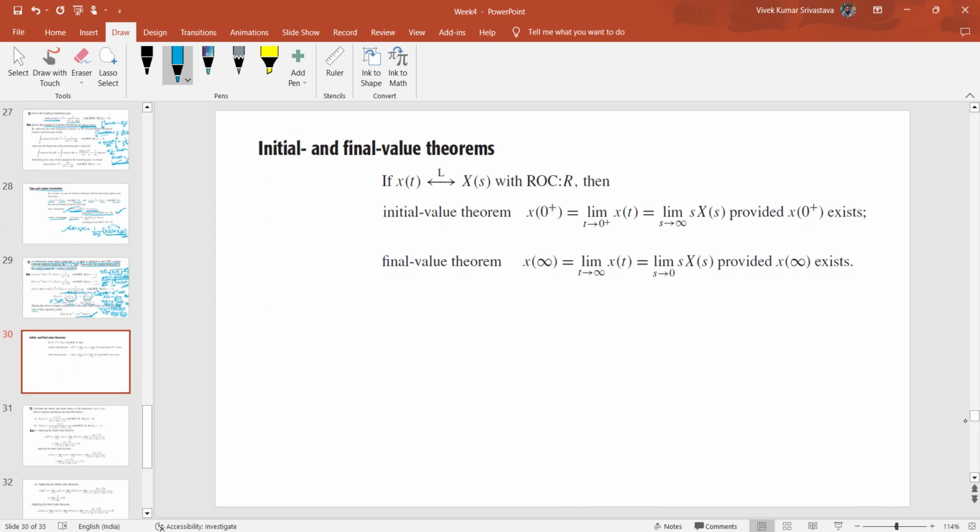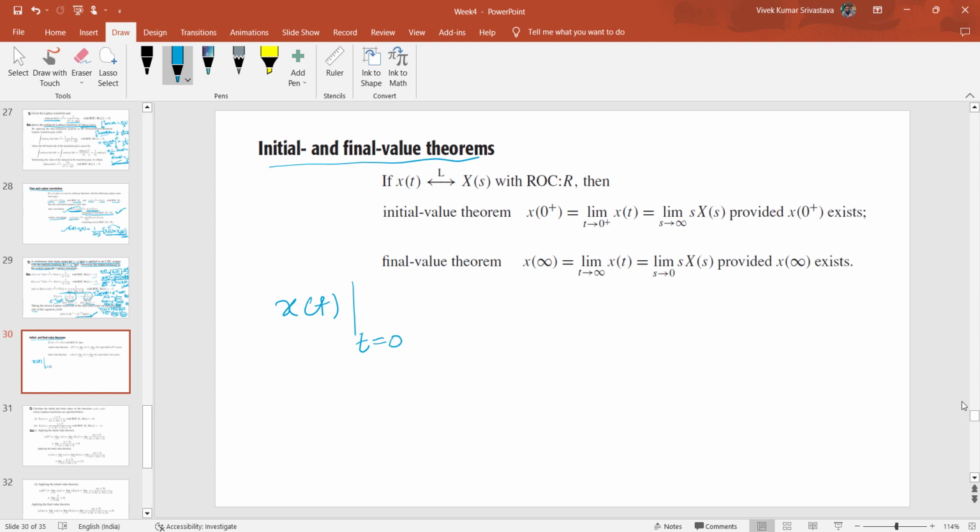So the next property is the initial value and final value theorem. Initial value means, if suppose a signal x(t) is given to you, for calculating the initial value you have to put t as 0.